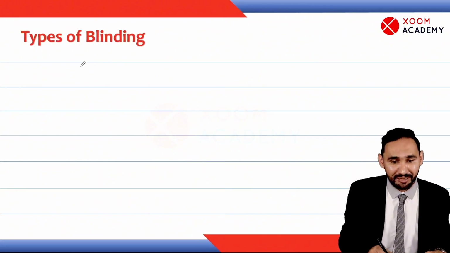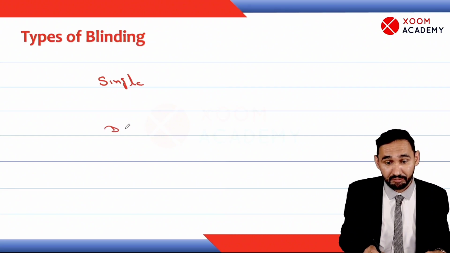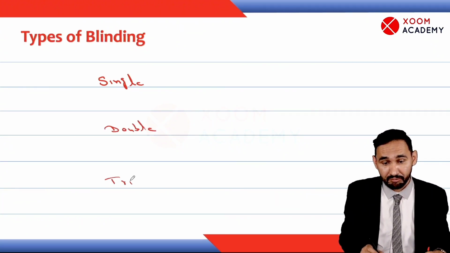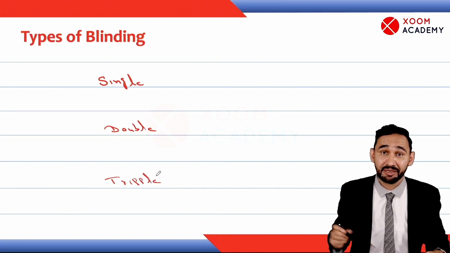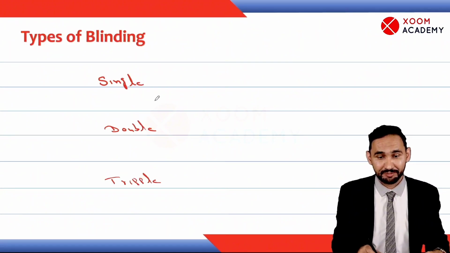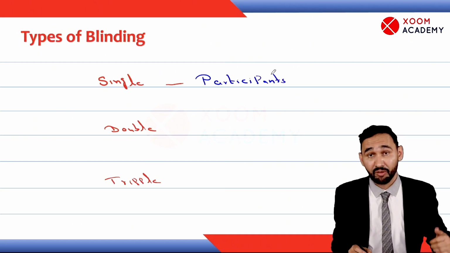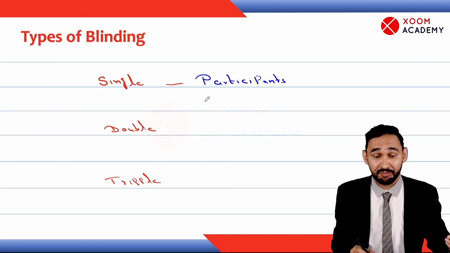There are three types of blinding: single blinding, double blinding, triple blinding. As the name indicates, in single blinding, we blind only one group, only the participants. So participants don't know whether they are in the placebo group or in the study group.